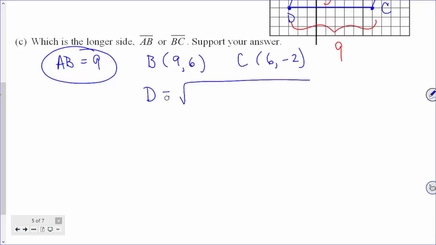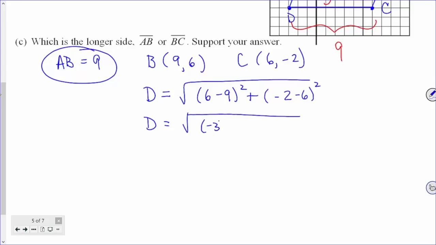Okay, let me get rid of some stray marks there. Here we go. All right, I've got 6 minus 9 quantities squared, plus -2 minus 6 quantities squared. That's going to be -3 squared plus -8 squared.